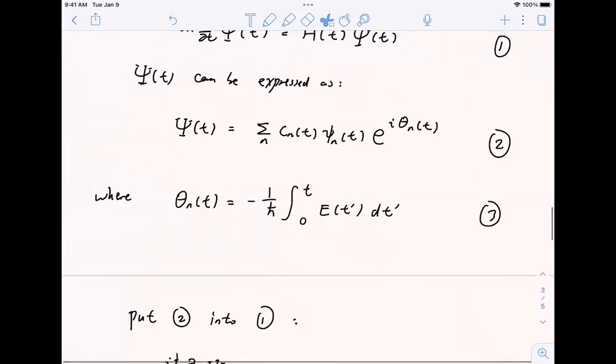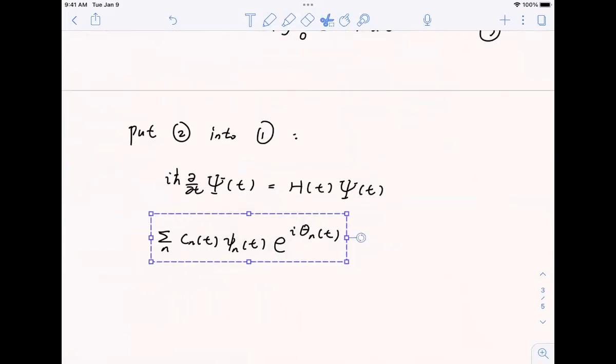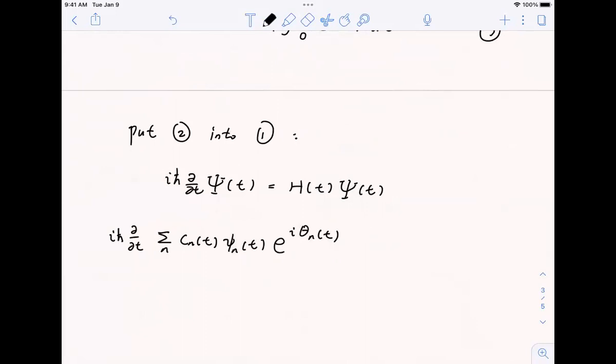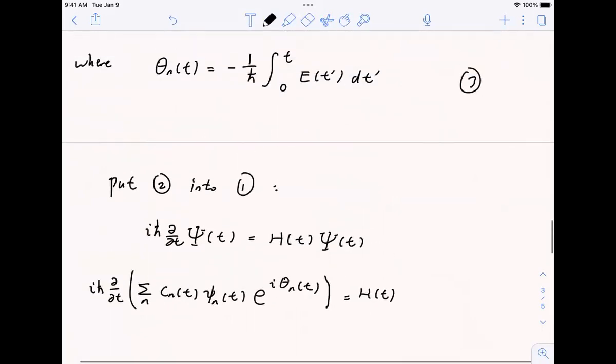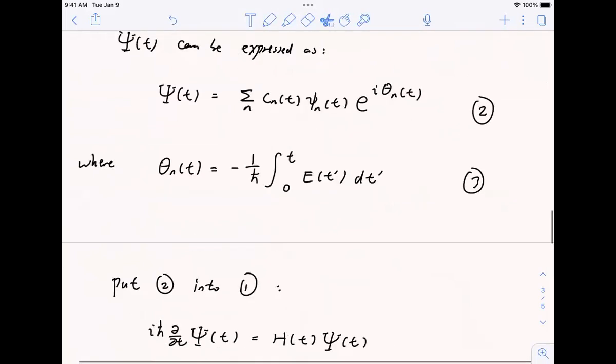Then you have this thing, and then you just do a derivative of this whole thing. And then you have the Hamiltonian, and also this whole thing.